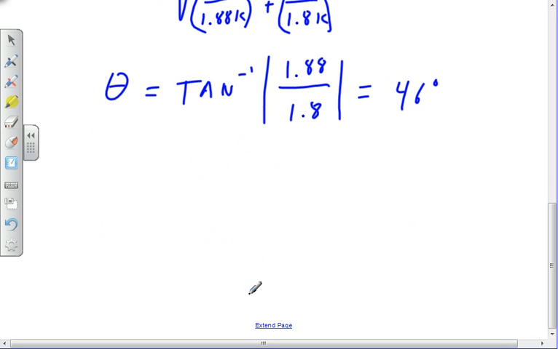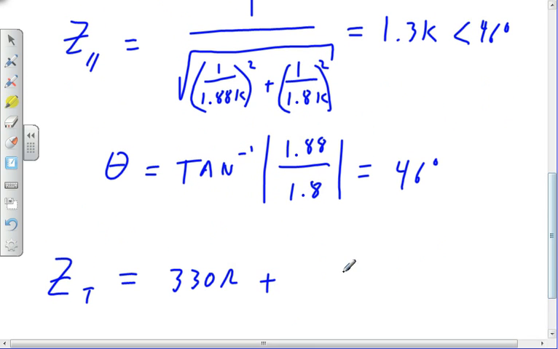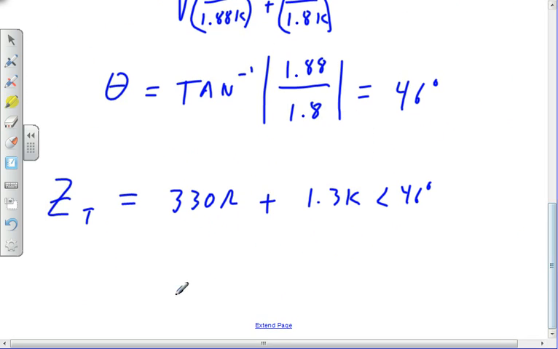Okay, so now I need the impedance total. The impedance total is going to be 330 ohms plus 1.3K angle 46. Now I can't add a real number to a polar coordinate, so I've got to change my polar coordinate guy into a rectangular guy, 330 plus.